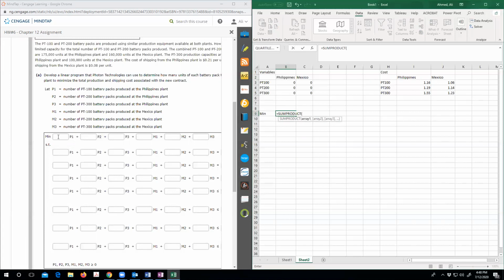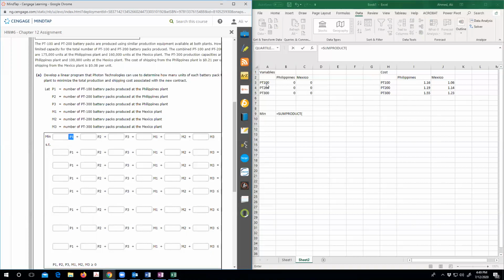So this is our minimization function, which is like this one, whatever we have here, and this is the cost. So whatever we produce, the number of Philippines-made batteries and the cost for each one of them, these two will be used in the sumproduct.